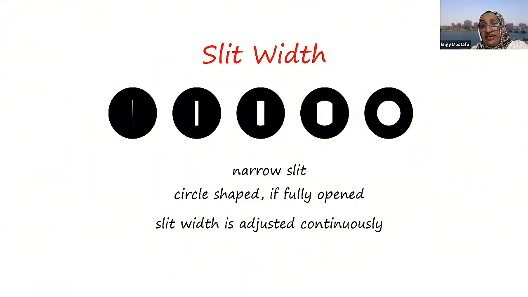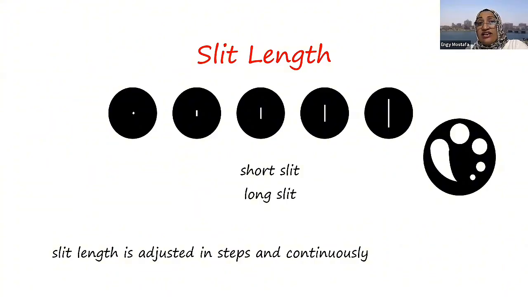Can we control the width of the slit itself? Yes, actually we can. It can go from a narrow slit up to a full wide aperture, the opening of the whole aperture. We can use it to create many slit widths during examination. We can also change the length of the slit.